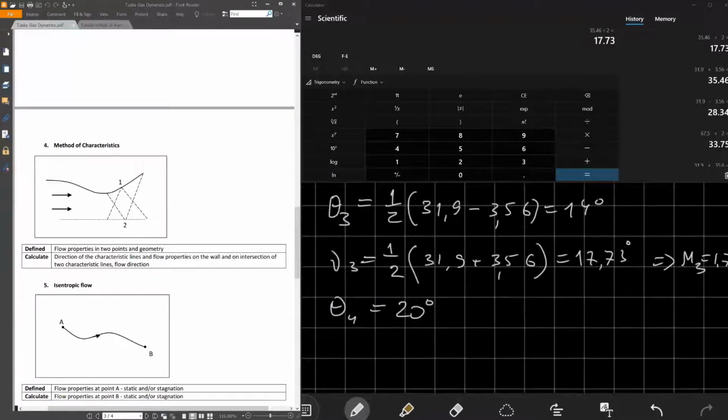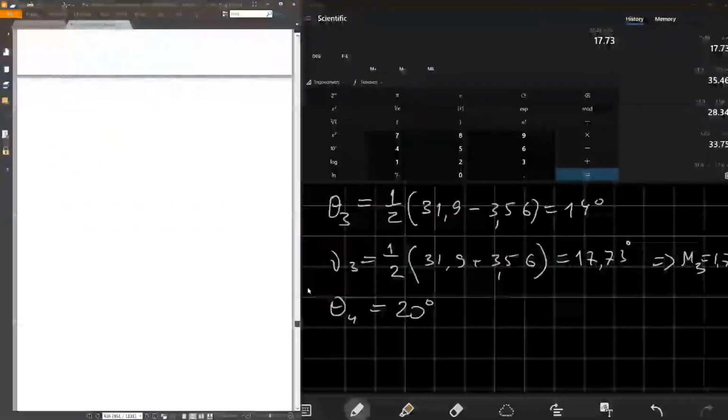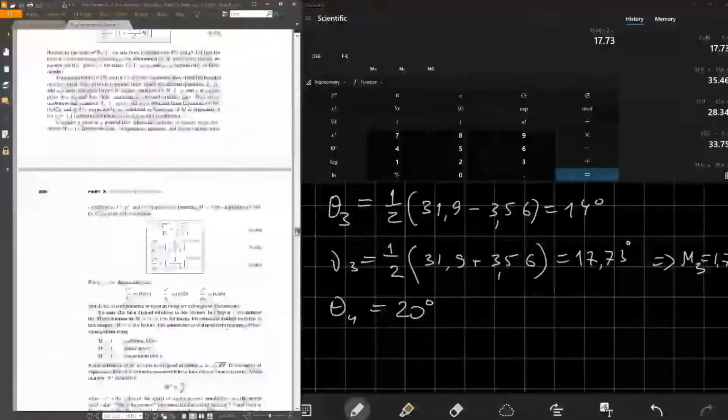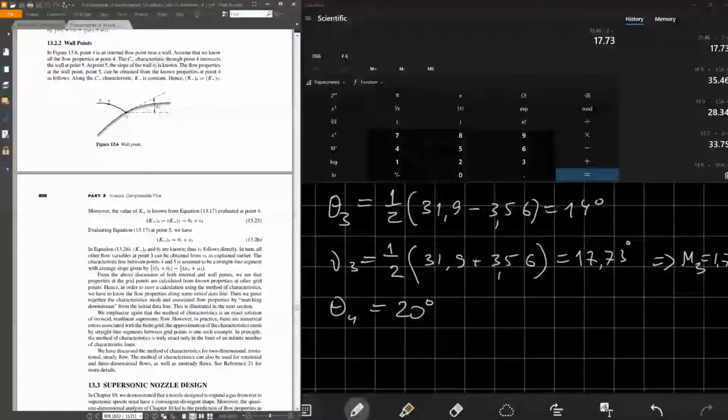And the calculation of the flow properties can be done really much easier than the previous case. This is the wall point, and we can take the same value of characteristic line K2 as we used starting from point 2. So it was minus 35.6, and it's theta plus nu 4.